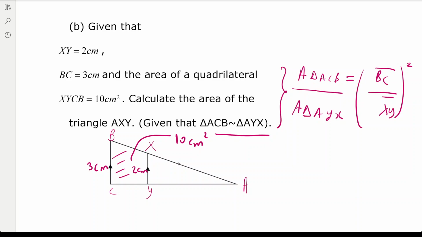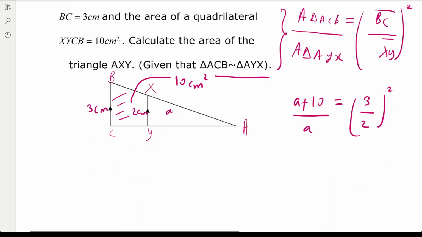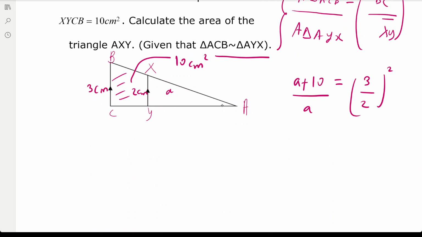If we assume that the area of triangle AXY is A, then the area of triangle ABC will be A plus 10, so A plus 10 divided by A equals BC over XY squared, which is 3 over 2 squared. We'll be solving for A. So you have A plus 10 divided by A equals 9 over 4.